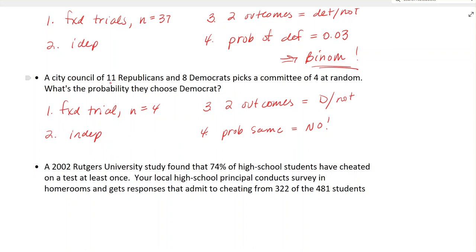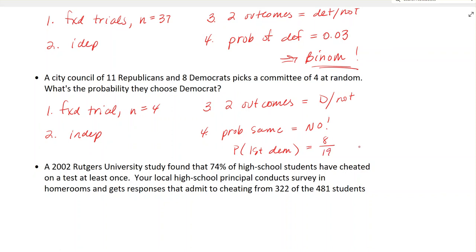We have 19 total names we're going to put in a hat, let's say, because there's 19 possible choices up here. So if I put 19 names in a hat, the probability I draw a Democrat out of the hat on the first try is 8 total Democrats out of 19 people. So 8 out of 19.